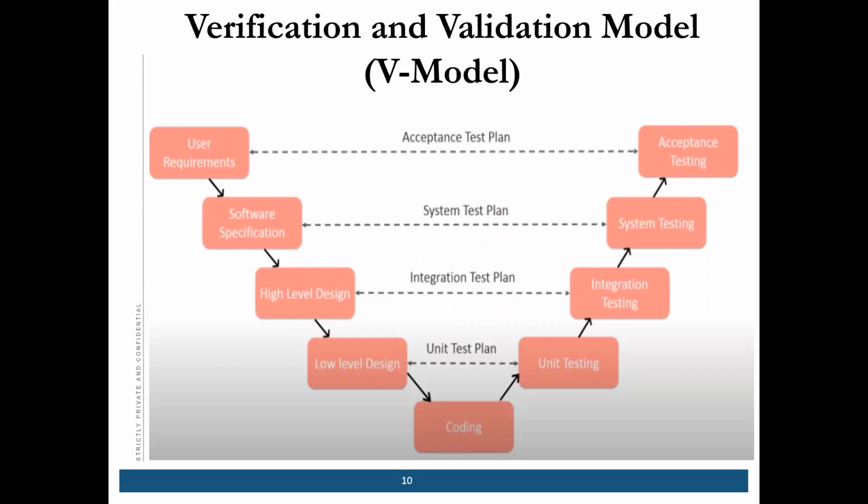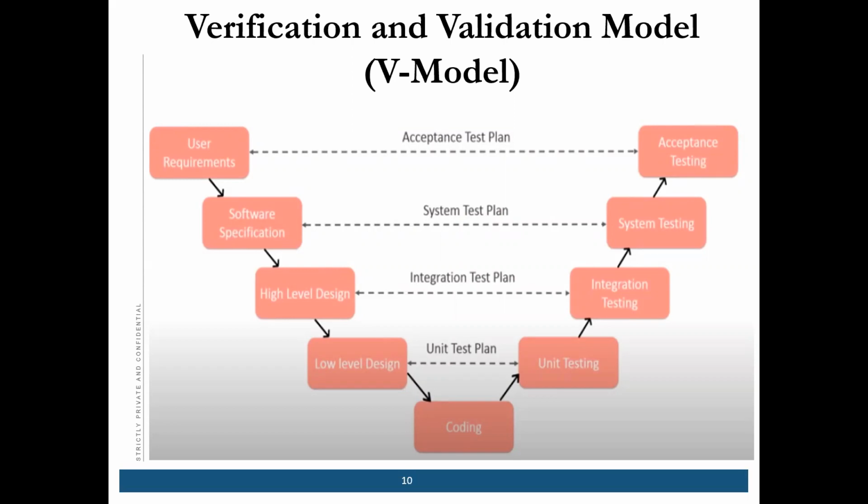Rather, testing starts right from the requirement phase. The verification and validation activities go hand in hand. As the requirement comes, the testing also starts, as you can see here.